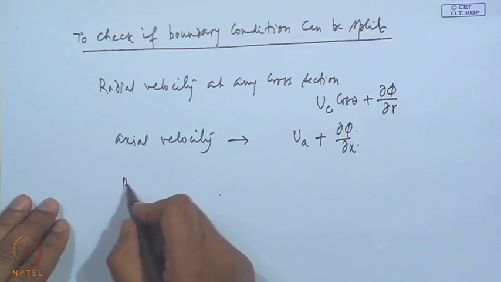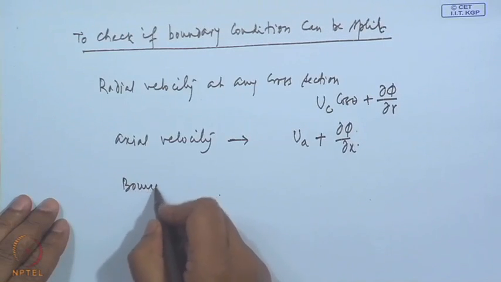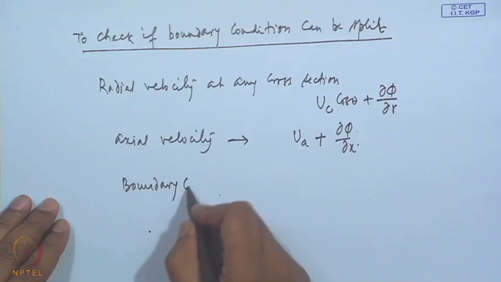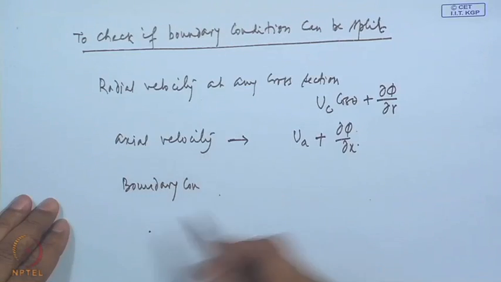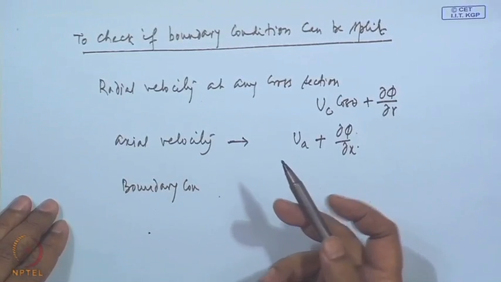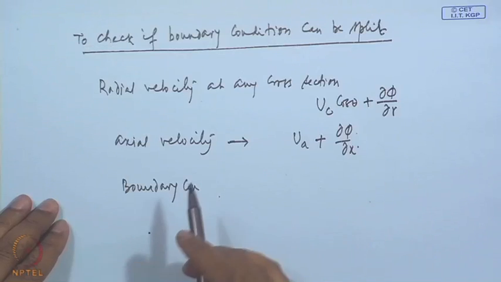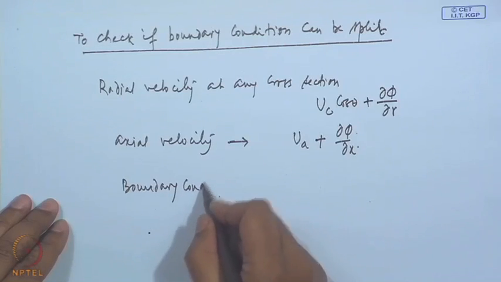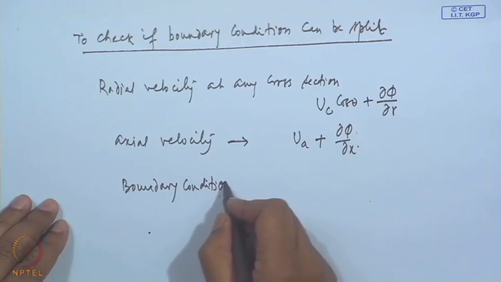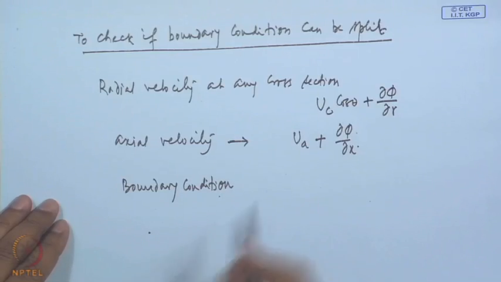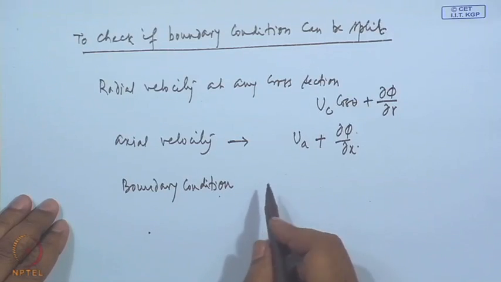Now, the boundary condition is, the tangential component need not be checked, because the tangential component always satisfies the boundary condition, which we have mentioned earlier, that only the meridional section should be looked into.